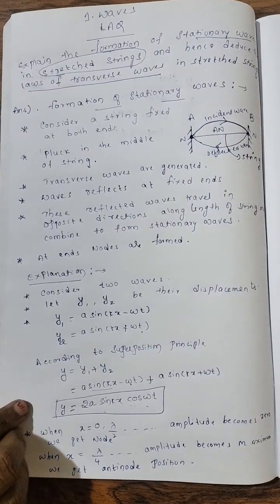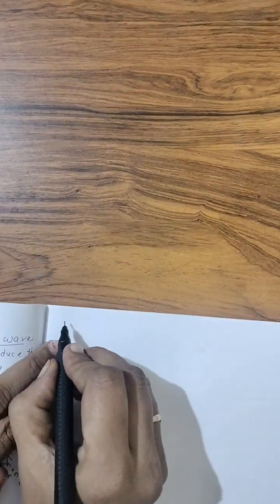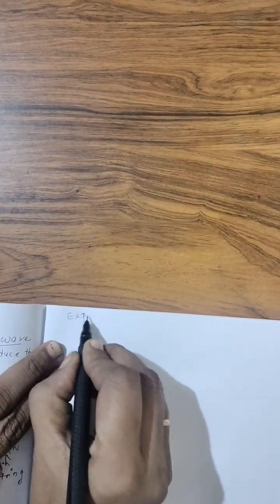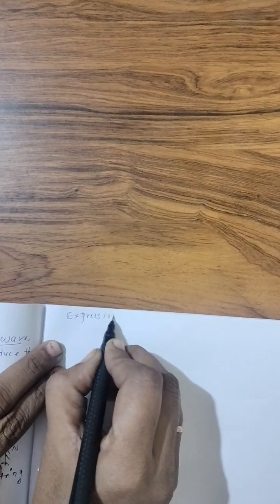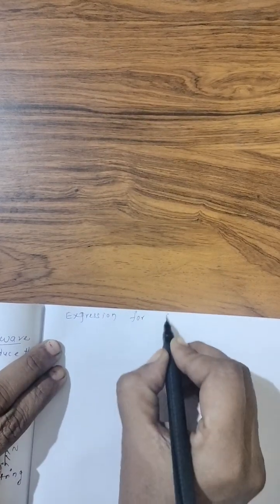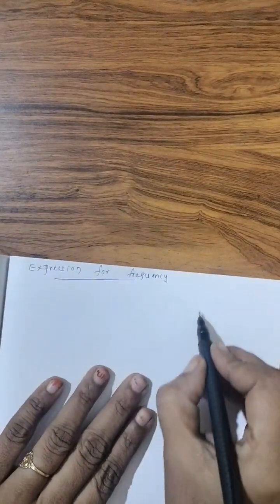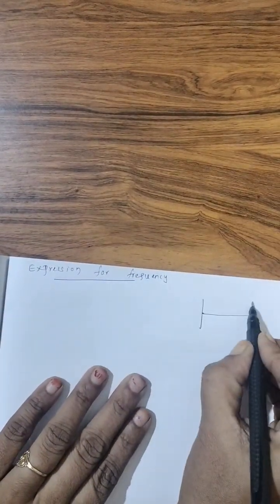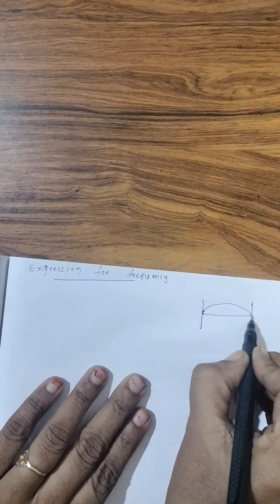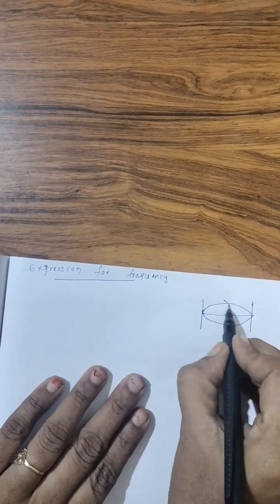Okay. Now next, expression for frequency. First, let us find out the expression for frequency. This is also very simple. First, draw the diagram which we have drawn at the formation, the same diagram.